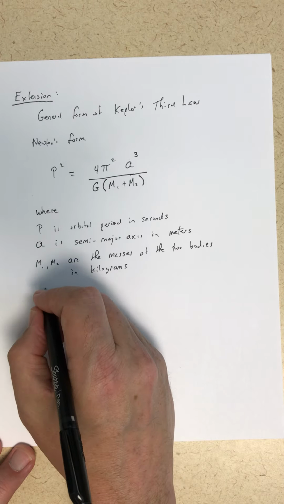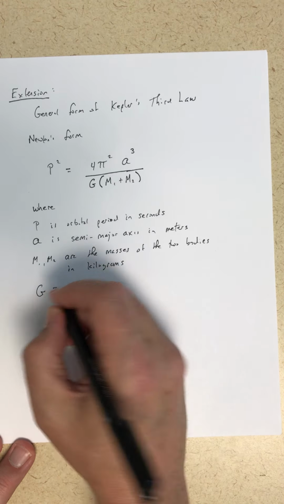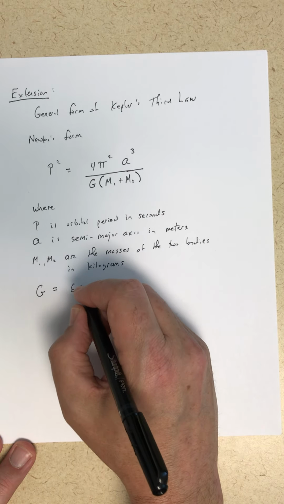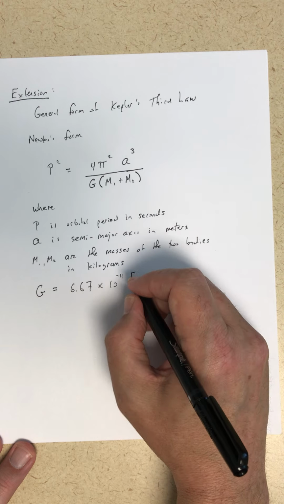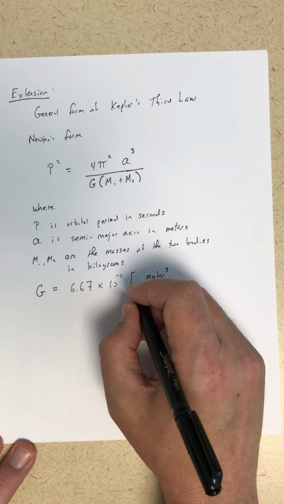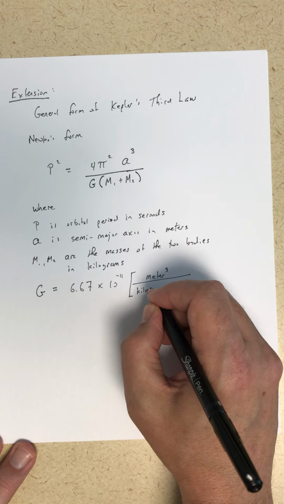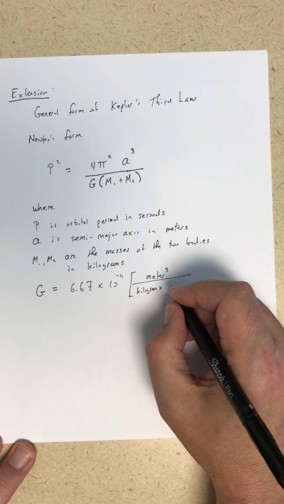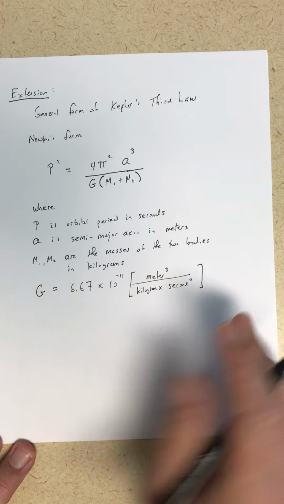And G is a constant of nature, Newton's universal constant of gravitation, 6.67 times 10 to the minus 11. It is meters cubed in the numerator and kilogram times seconds squared in the denominator.